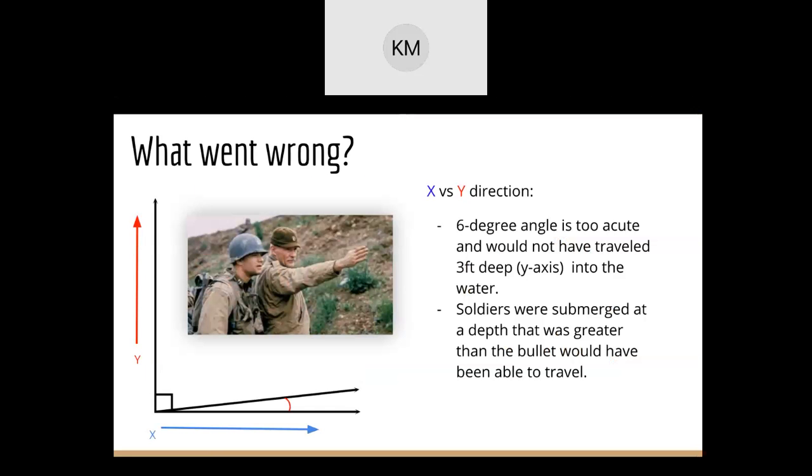And they're being shot into their abdominal cavity and down through their legs. So that's a minimum of about 3 feet underwater. And obviously the 6-degree angle just is not going to be able to carry a bullet through seawater down 3 to 4 feet of depth and then actually into the soldiers to cause a lethal shot.